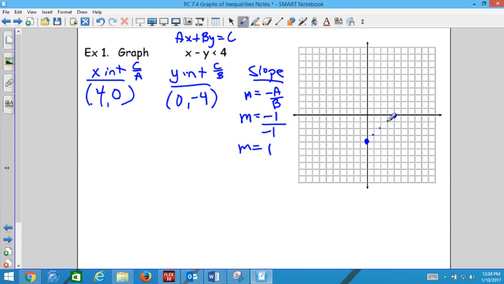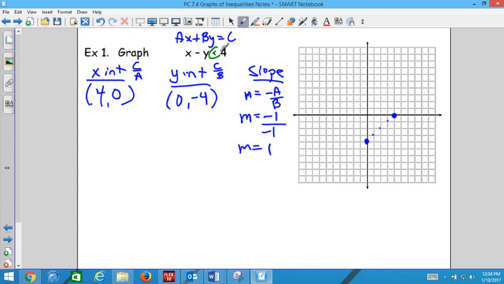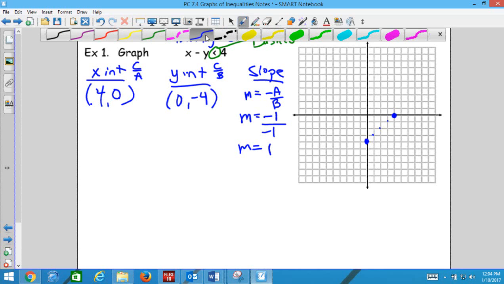When you go to connect the line, what happens if it is only less than and not less than or equal to? You're on the right track, but we're not drawing a dot. We're drawing a line. So it's a dashed line. But totally same thought process. This is going to be a dashed line because it's not actually equal.